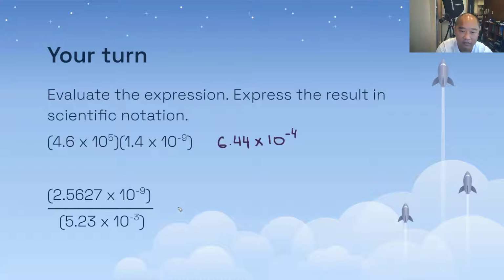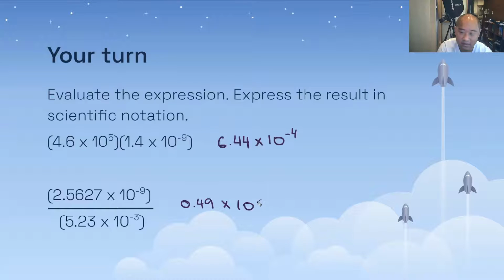Then we have 2.5627 divided by 5.23, and that gives us 0.49. And then we have negative 9 minus negative 3, so that's negative 9 plus 3, and that gives us, what's 9 minus 3?